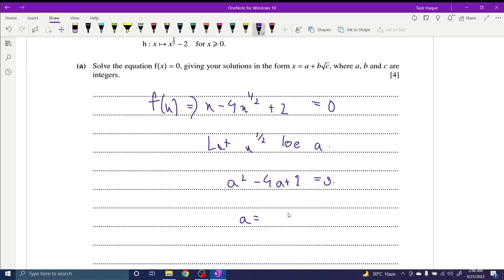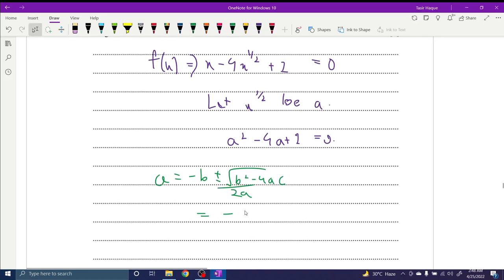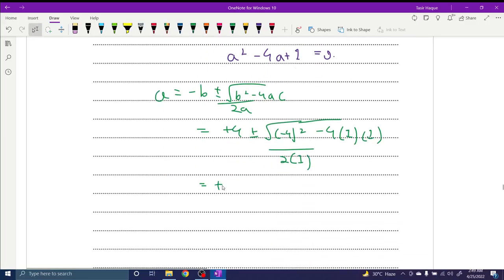a is equal to, okay, we need to show the general formula or it won't work. You won't get a mark. So a is equal to minus b plus minus root over b squared minus 4ac, divided by 2a, which is plus 4 plus minus root over minus 4 squared minus 4 times 1 times 1, divided by 2 times 1. So what are we getting?